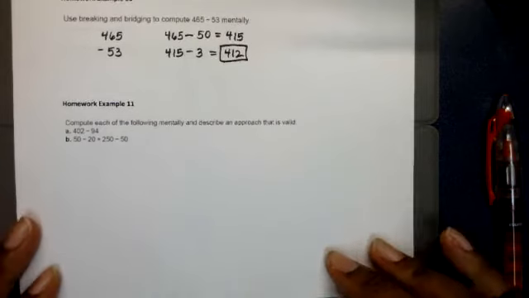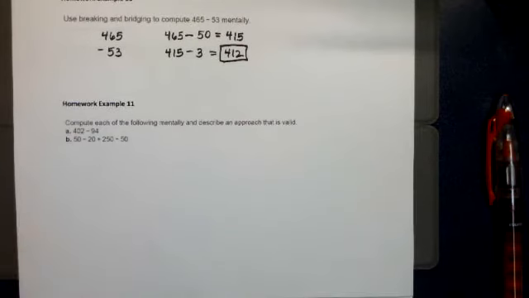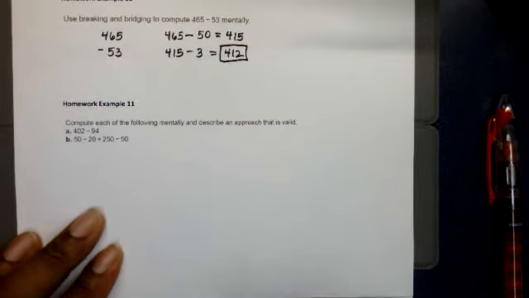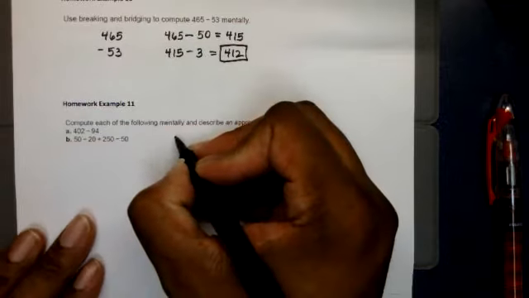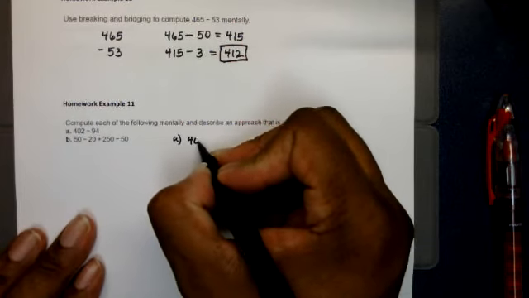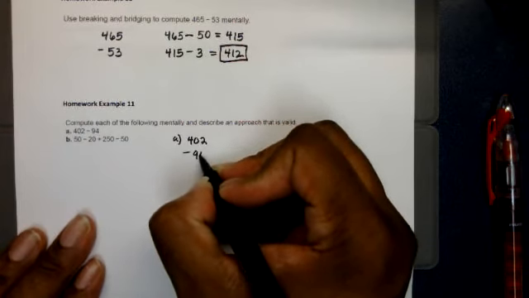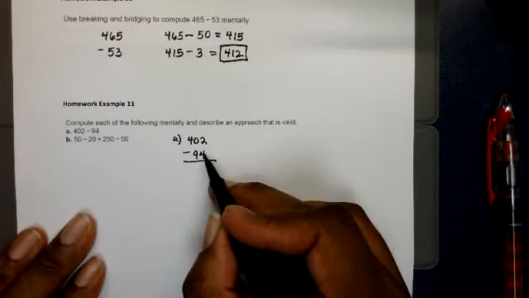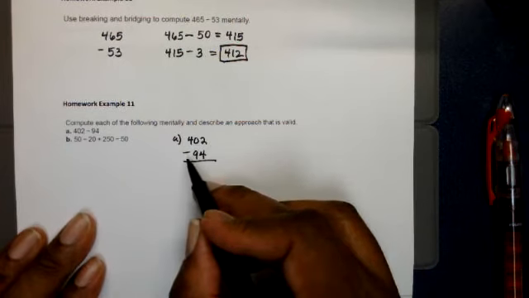And this one, here we're going to come up with an approach that's valid and then compute these mentally, like 402 minus 94. With this one, I would try to make 94 a multiple of 10.